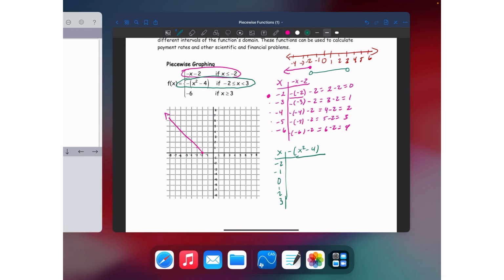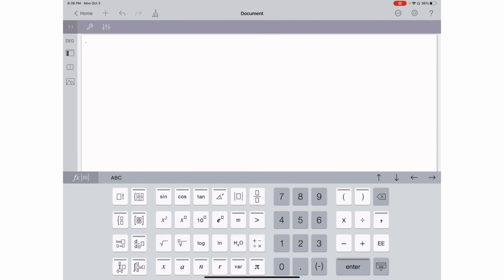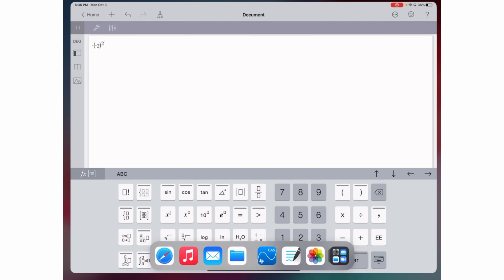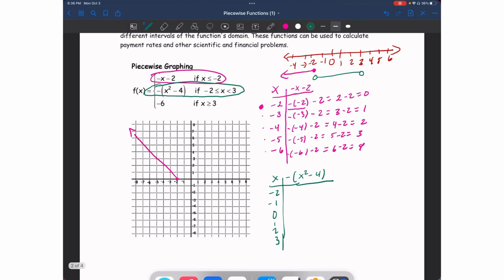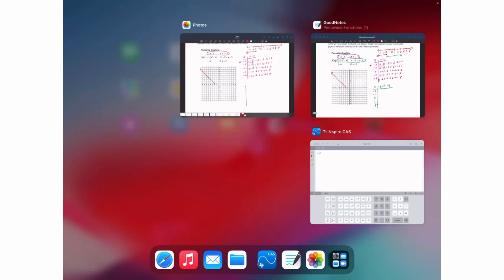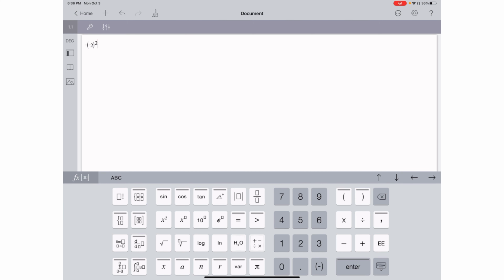I'm going to replace my x with -2. I'm going to put it in parentheses. -2. And then I'm going to take that and I'm going to square it. And then I'm going to subtract 4 from it. And I'm actually missing a set of parentheses here. I'm sorry.